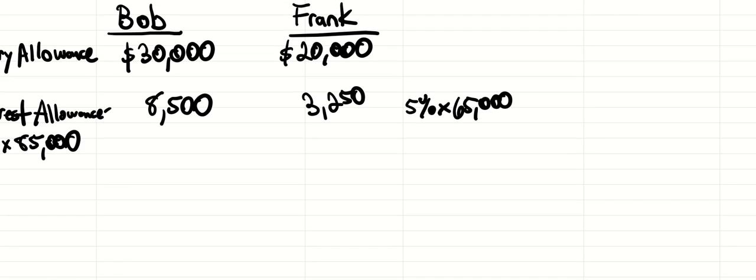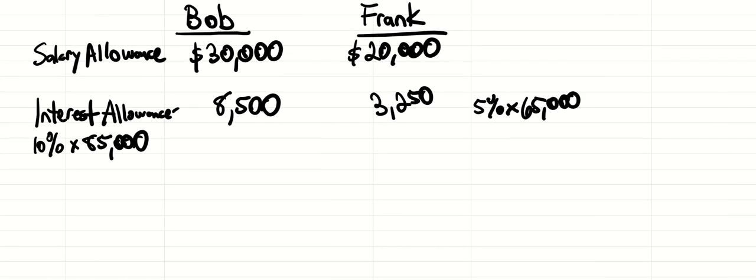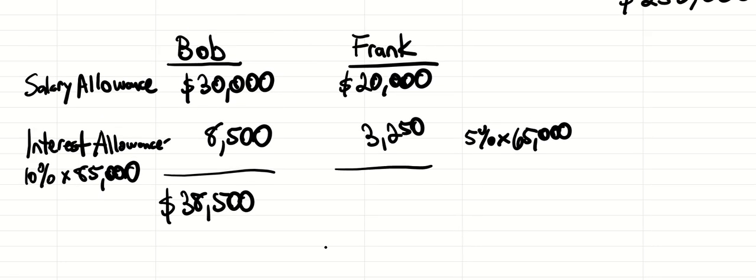Right? So when we add these two together, the salary allowance and interest allowance for both Bob and Frank, we're going to get for Bob $38,500. And then for Frank, we're going to get $23,250. All right.